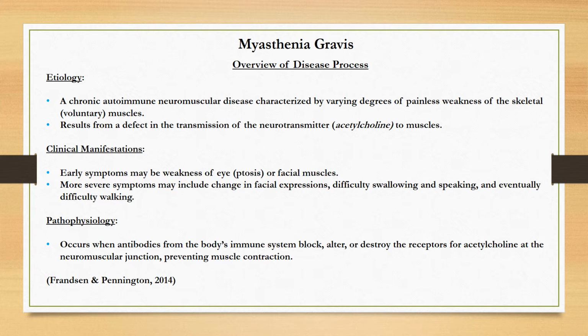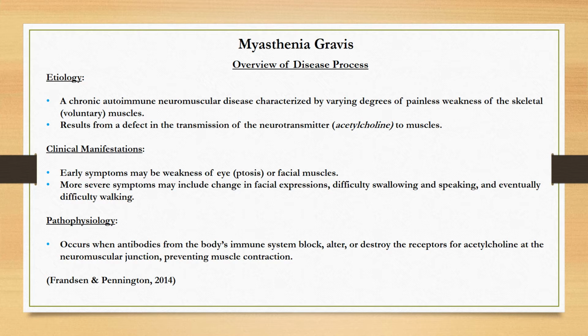This is a disease that causes severe weakness of the muscles, and when you think about muscle gravity, think about gravity pulling those muscles down. One way to try to remember it, I guess, but it is painless weakness of the skeletal muscles, and the cause of this is a deficit in the neurotransmitter acetylcholine. That's the whole cause of it.